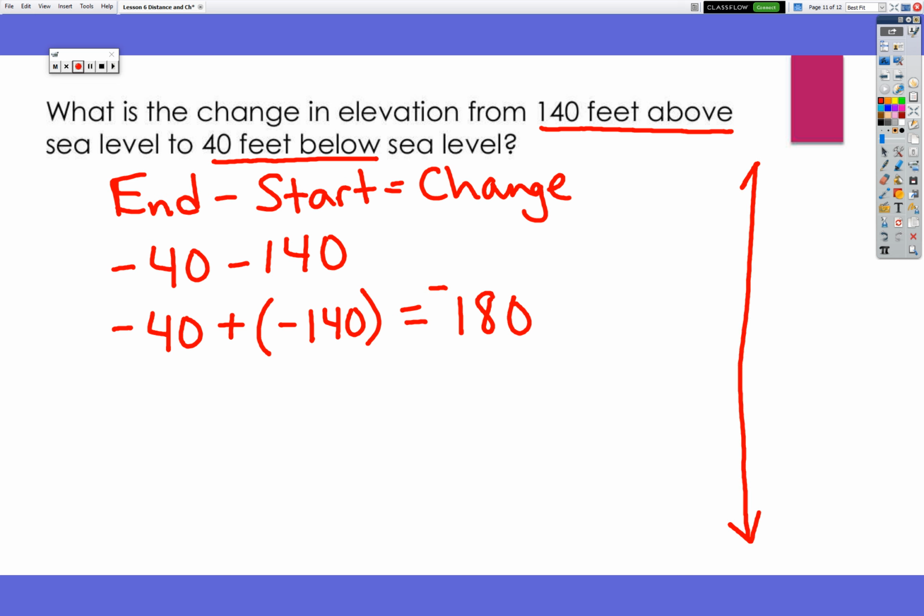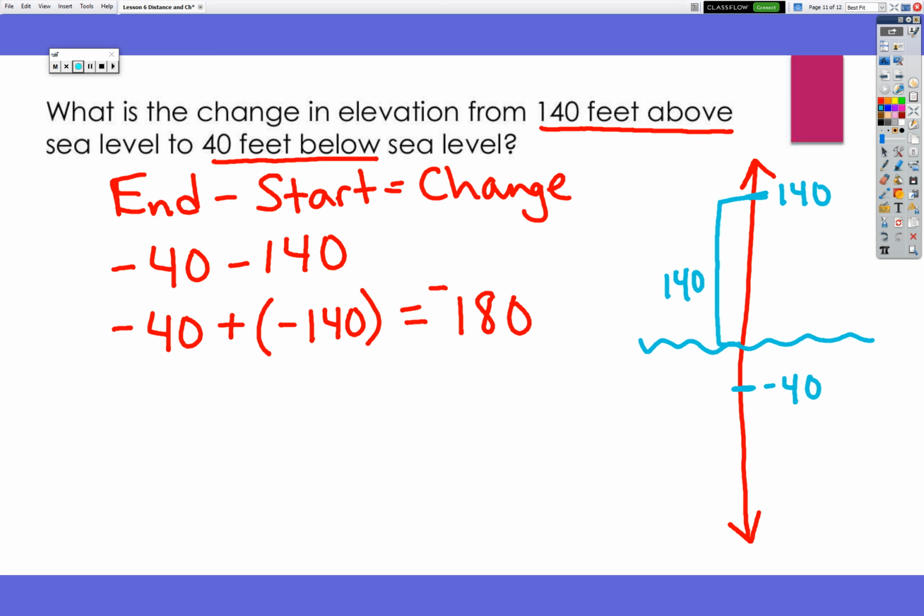I'm going to draw a vertical number line to represent this. I'll use some blue here. So here's the sea level. That's 0. We're starting 140 feet above sea level. So we're up here somewhere. And then we're going 40 feet below sea level. That's going to be maybe here. So the distance from 140 to 0 is 140.